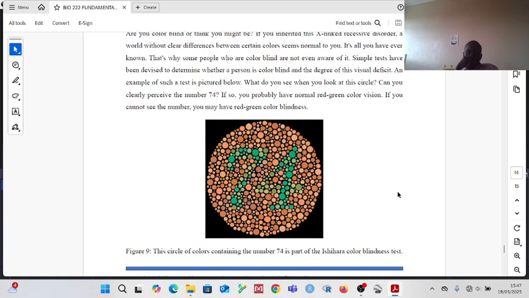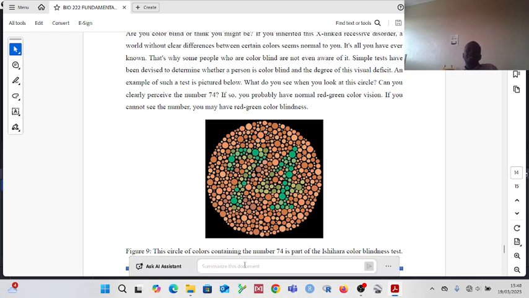In figure 9, you have a test for color blindness. If you are able to read that number without difficulty, then you don't have this red-green color blindness.